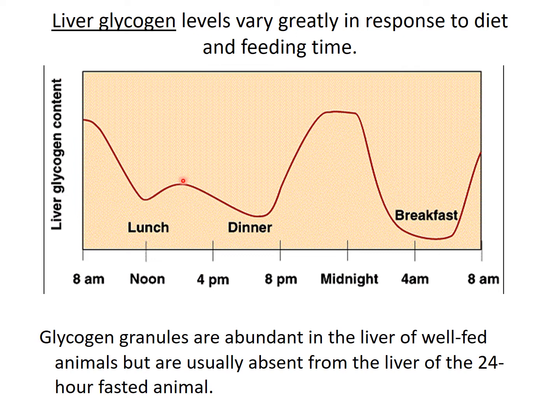Unfortunately, in this country, lunch is not in the center of our attention, so you build back liver glycogen a little bit, which you will happily use up by dinner time. And then the big dinner comes and glycogen is built up. But as you see here, by breakfast time, you use up your liver glycogen and you need to eat your next breakfast to do that.